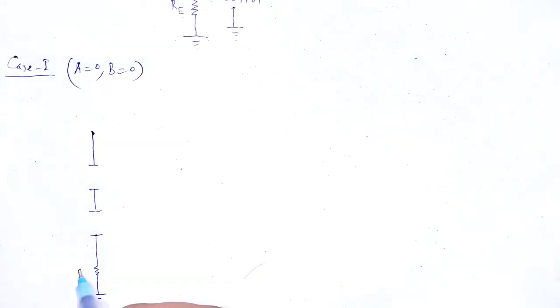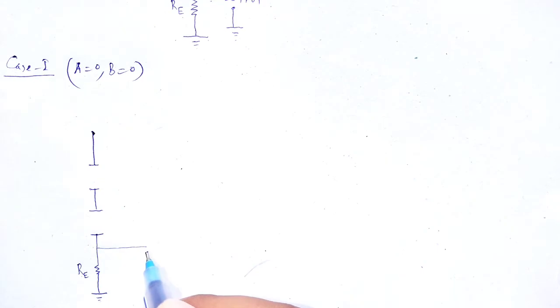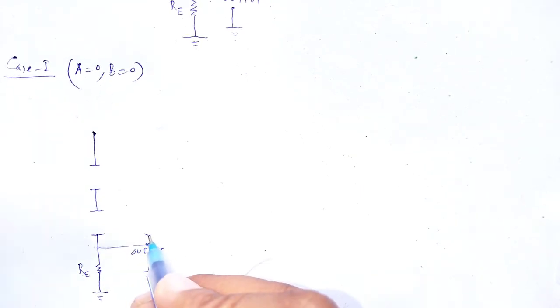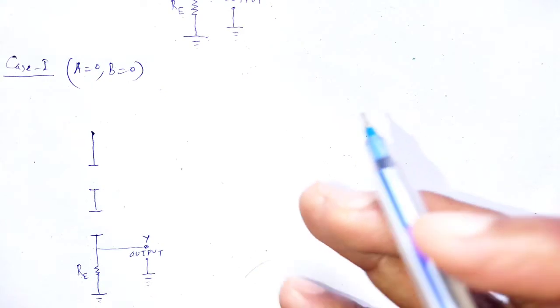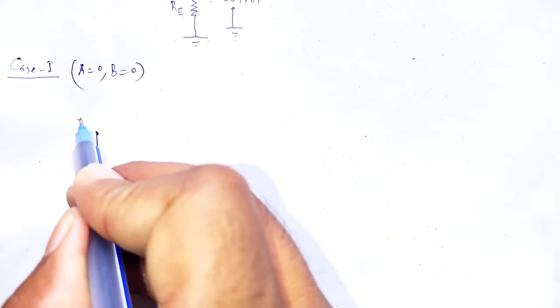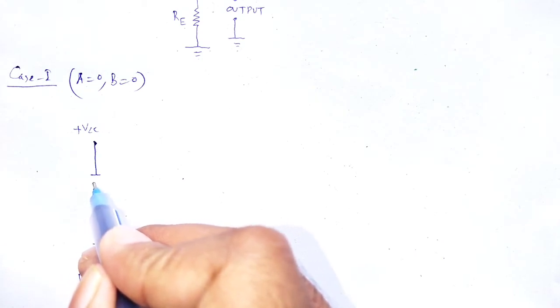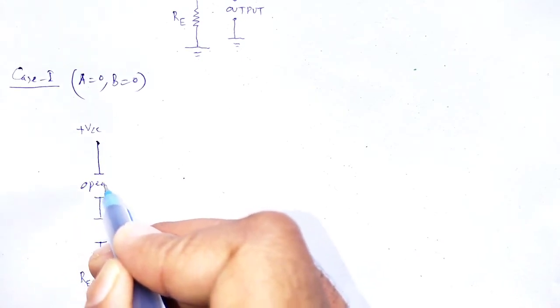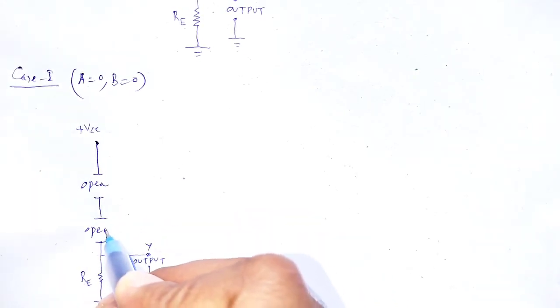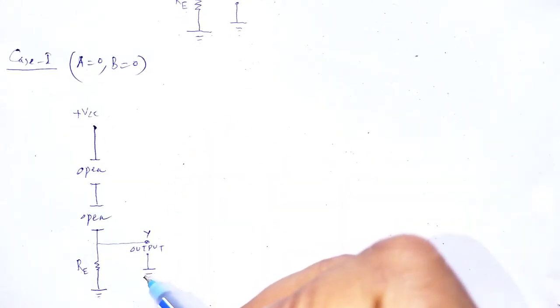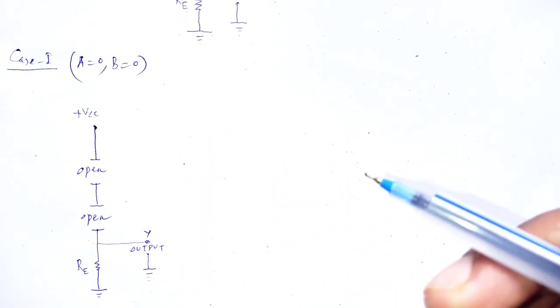That is the resistor RE. Here is the output, output Y, plus VCC. Transistor 1 is open, transistor 2 is open. Finally, at output we have low signal, that is 0.